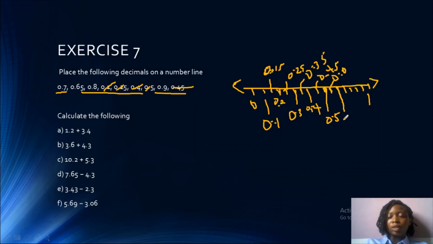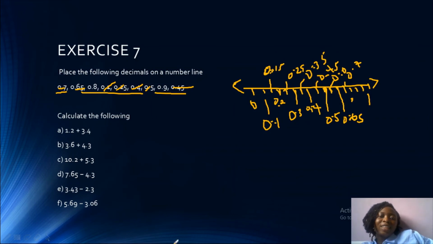Next is 0.65. Check. 0.7 here. Check. 0.75 here. And so on till you get to 1, or till you finish checking out everything on the list.